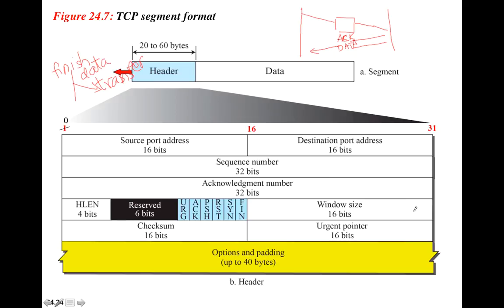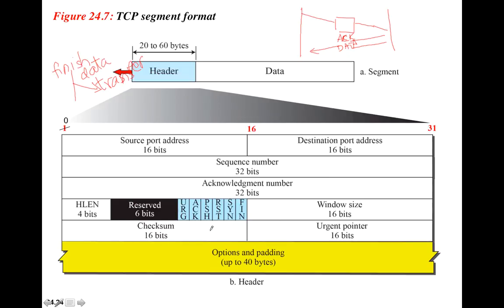And then we have the window size. The receiver, when it receives packets from the sender, will send the updated window size, its receiving window size. And the sender cannot exceed this size in bytes.